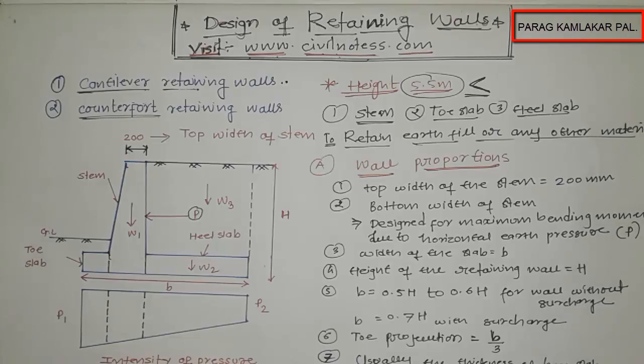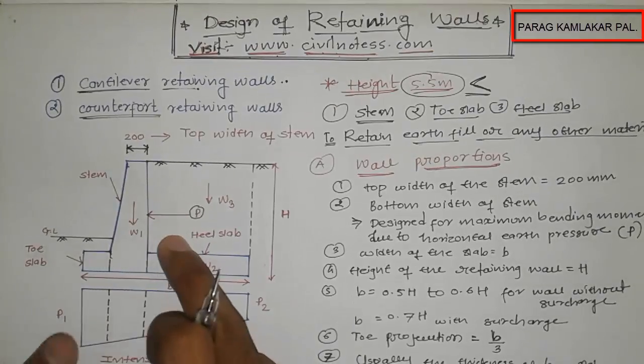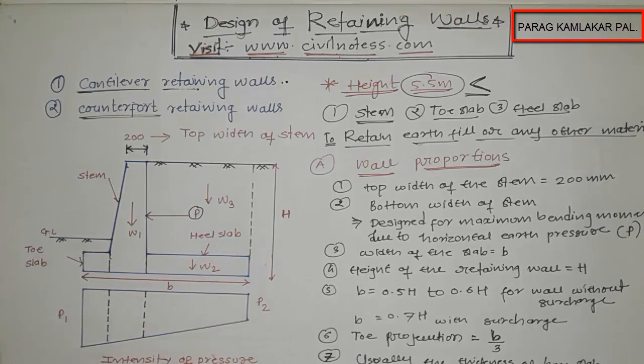Whatever the thickness of the stem we have, that is usually the thickness of the base slab. This equals this. Now you can see here, this is the intensity of pressure at the base. This is created only because of this retaining wall, because we need to manage the retaining wall over there.